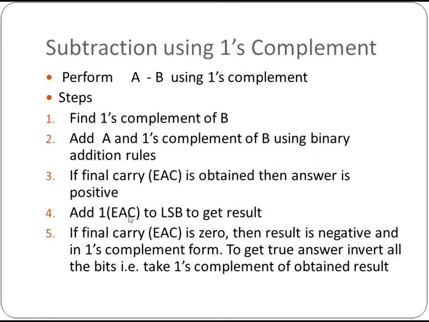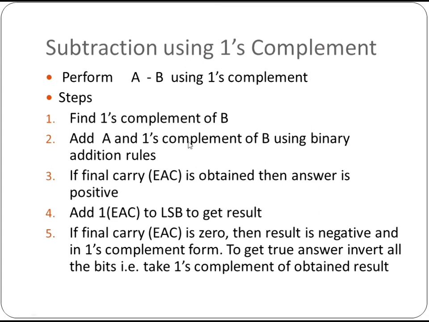Add this 1, or add this EAC, to LSB to get final result. If final carry, that is EAC, is 0, then result is negative and in ones complement form. So to get true answer, invert all the bits, that is take ones complement of obtained result.